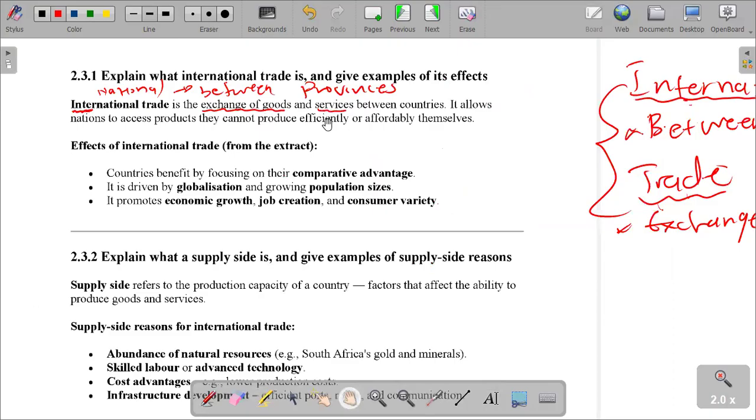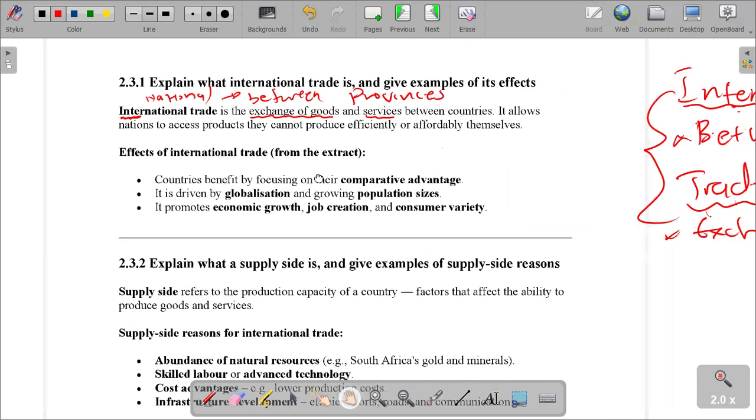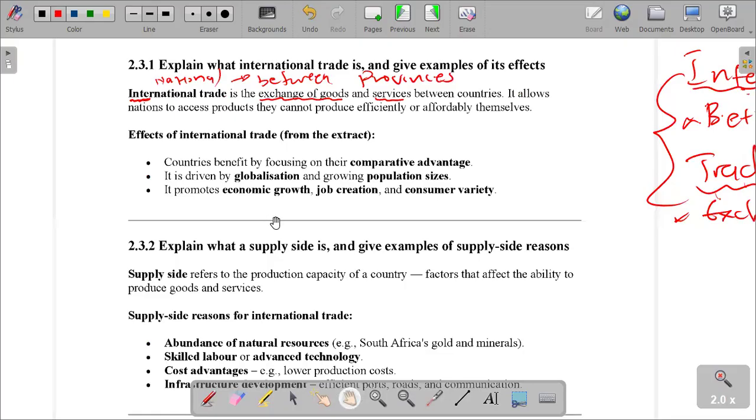It says it's the exchange of goods and services between two countries. It allows nations to access products they cannot produce efficiently or affordably themselves. For instance, say in South Africa we cannot create iPhones. That's where international trade comes in handy, because now we can import such phones from other countries that are good at producing them. Or maybe a certain product that South Africa might need.